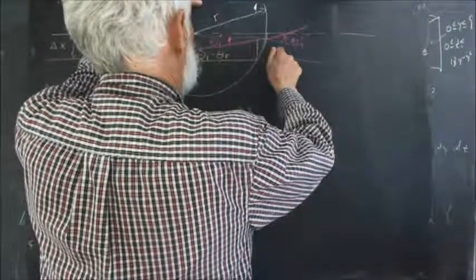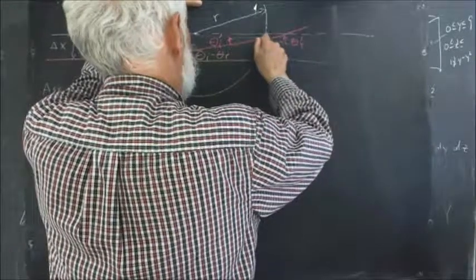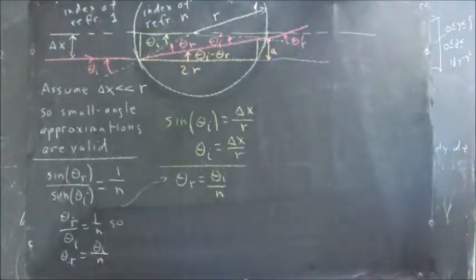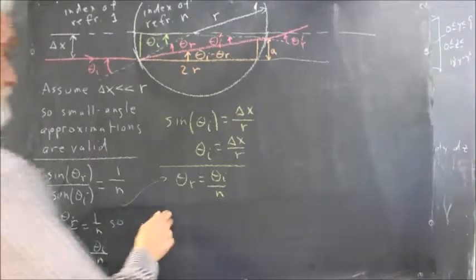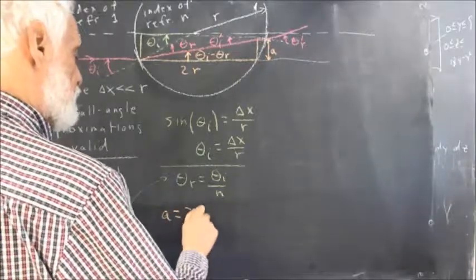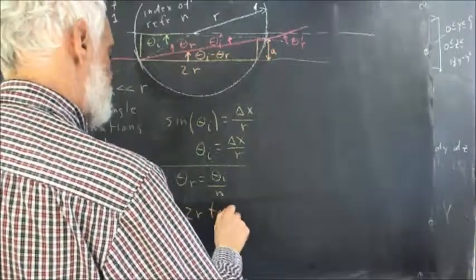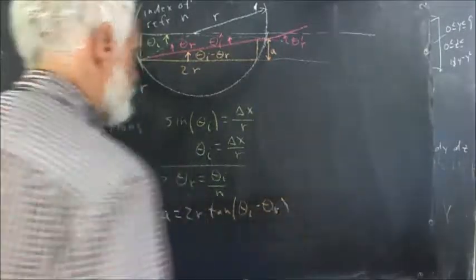Let's just call this distance A. Okay, so we can say that distance A equals 2r times the tangent of theta I minus theta r.